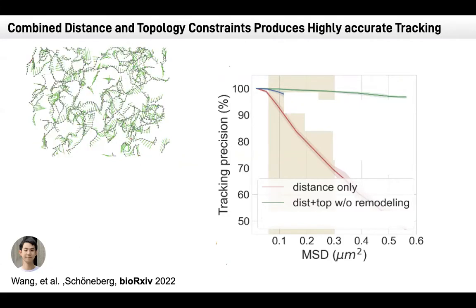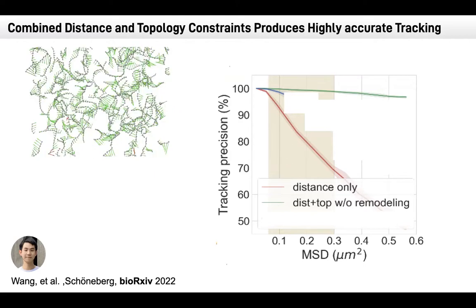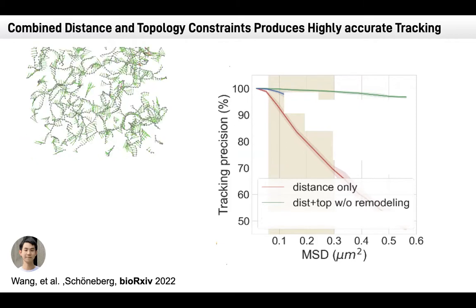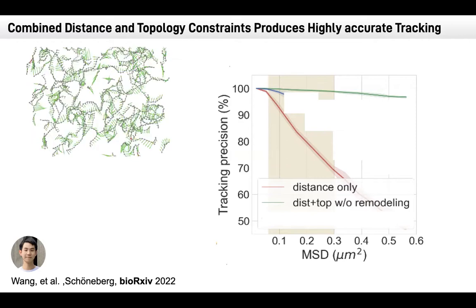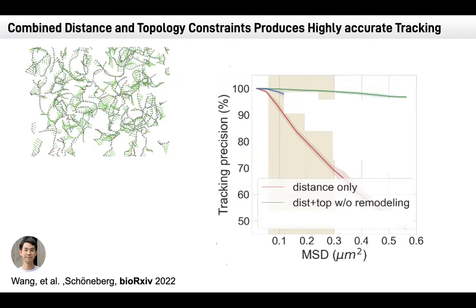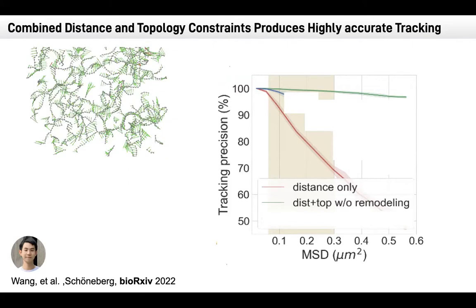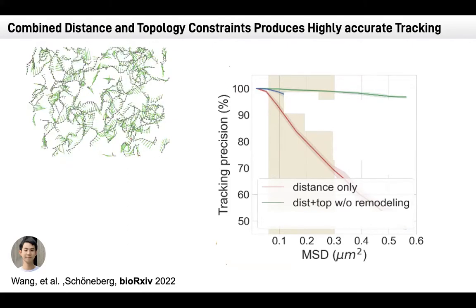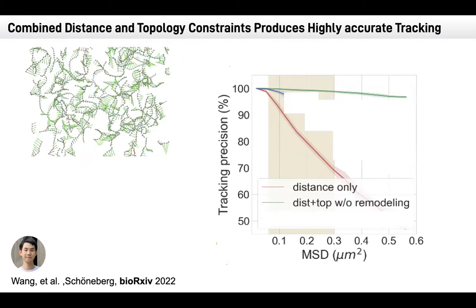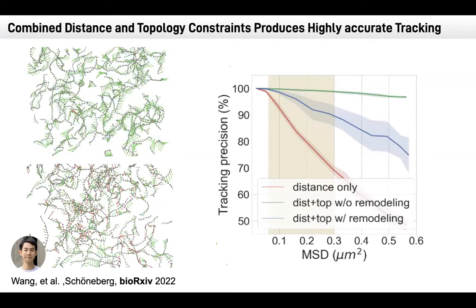On the top left is our in silico mitochondria simulation. Each green arrow is a correct assignment of a track, and each red arrow, and you don't really see many, is a wrong assignment compared to the ground truth. So we are extremely accurate without remodeling. If we just keep the topology constant, then distances plus topology is fantastic. However, mitochondrial networks actually do have remodeling.